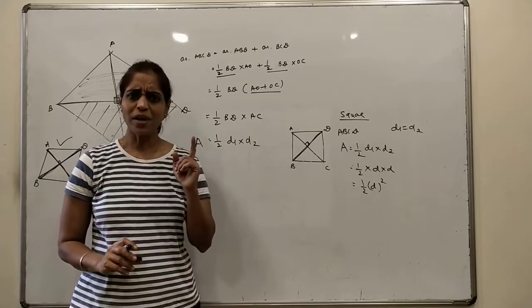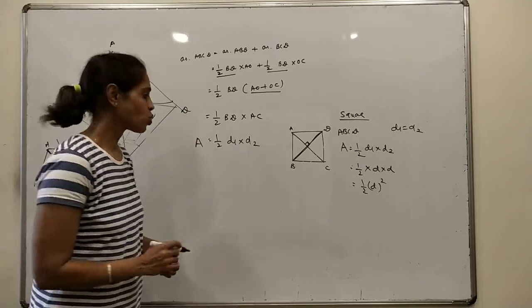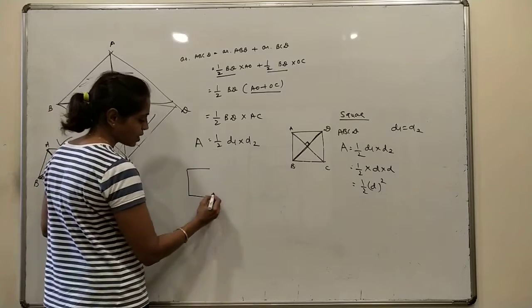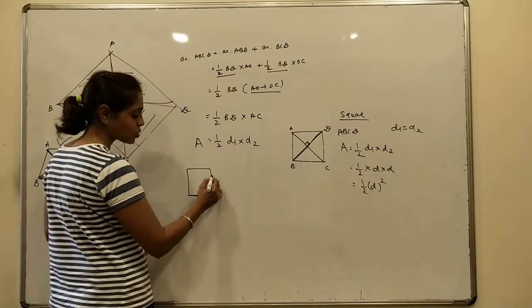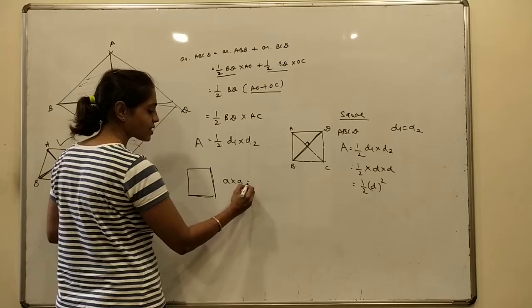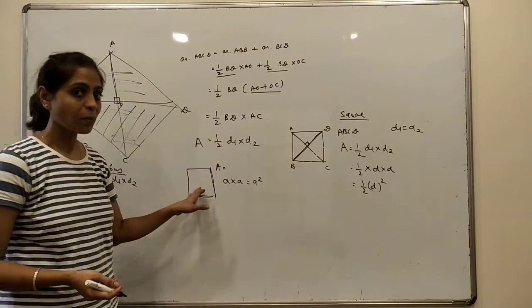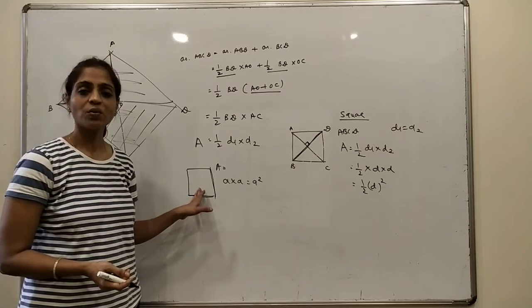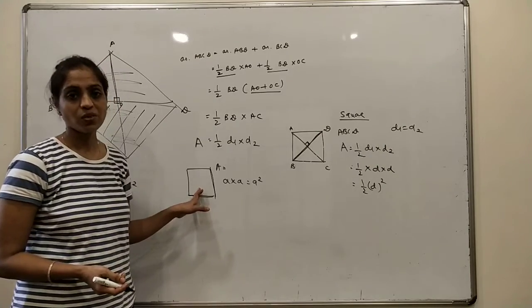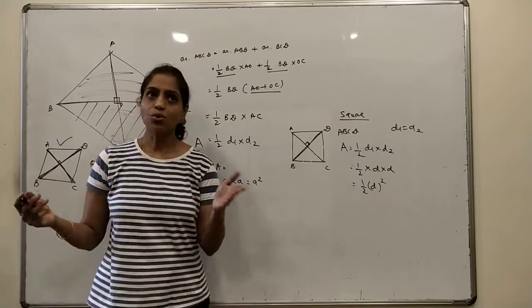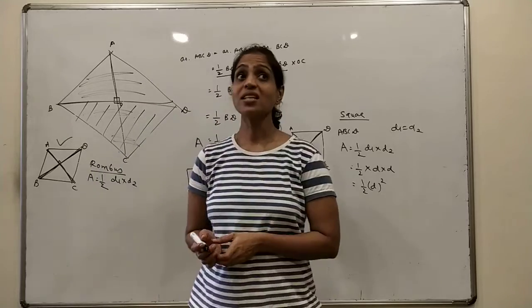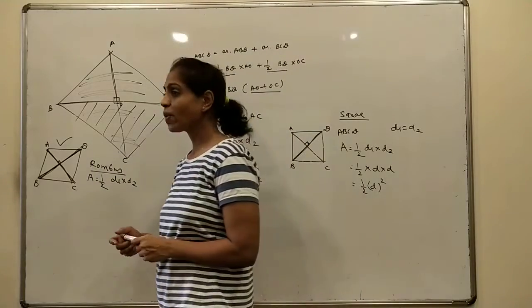Area of square will come ahead too. You have seen it since 5th standard. What is the area of square? Area of square is side into side, A into A, that is A squared. That is the area of square. That you can also apply when the diagonals are not given and the sides are given. Right? So we have two formulas for finding area of square.